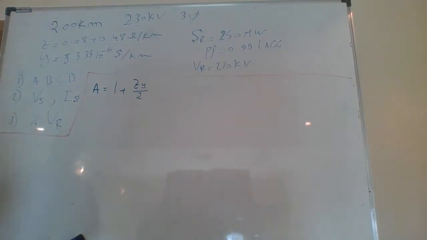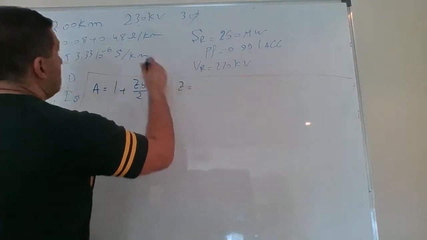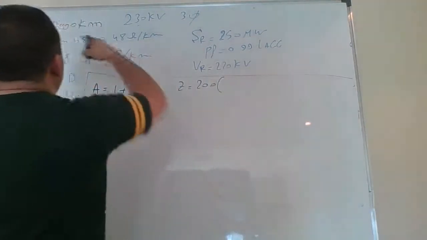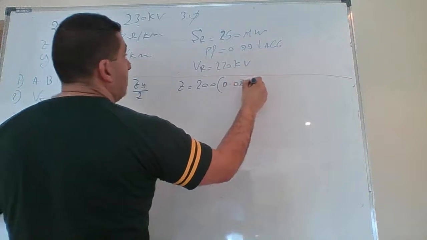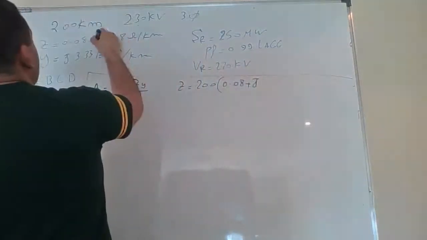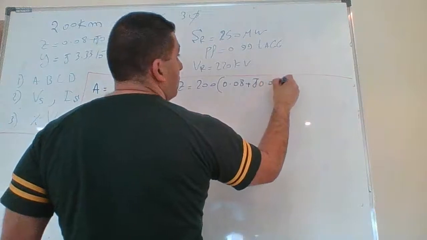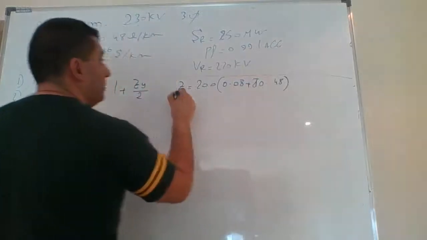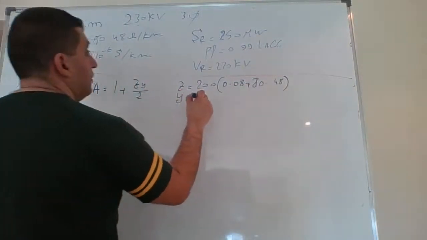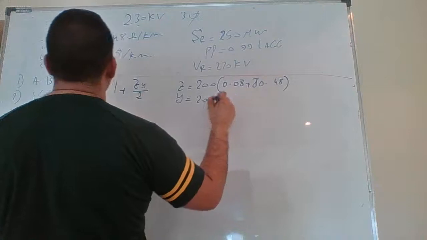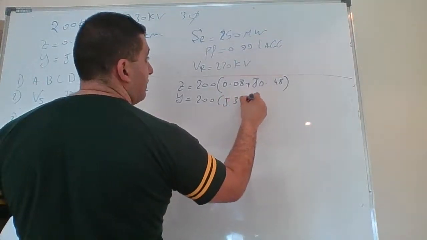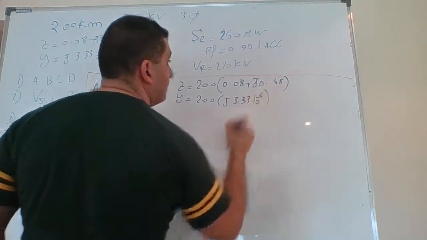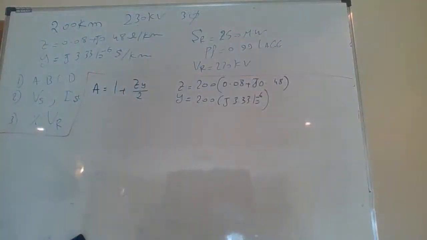That's A. Now I need to find Z and Y. Z is equal to 200 multiplied by 0.08 plus j0.48. Y is equal to 200 multiplied by j3.33 times 10 to the minus 6, because I need to multiply by the length, which is 200.